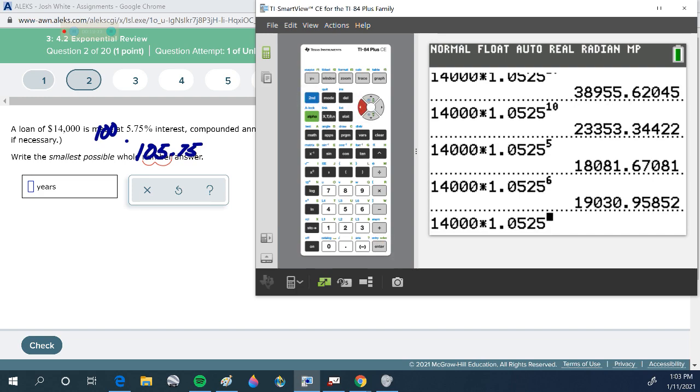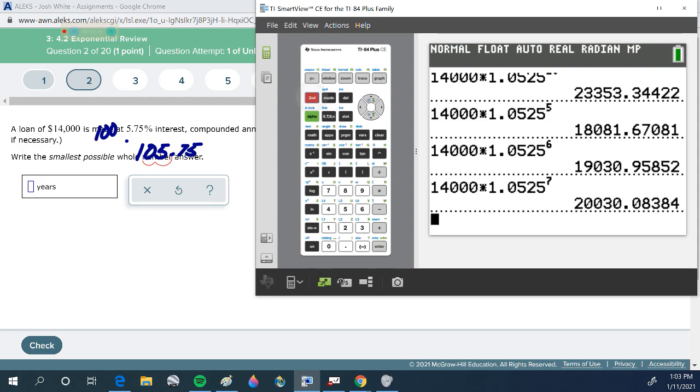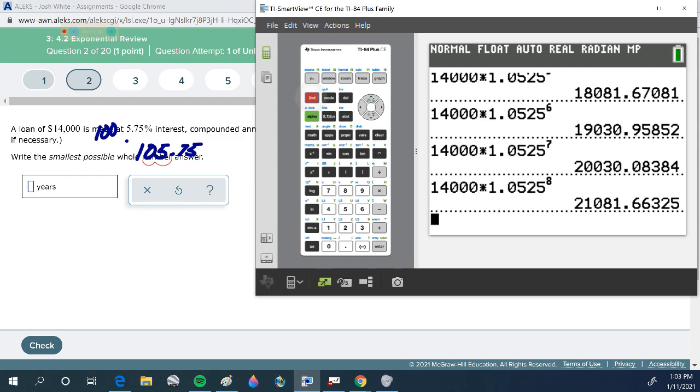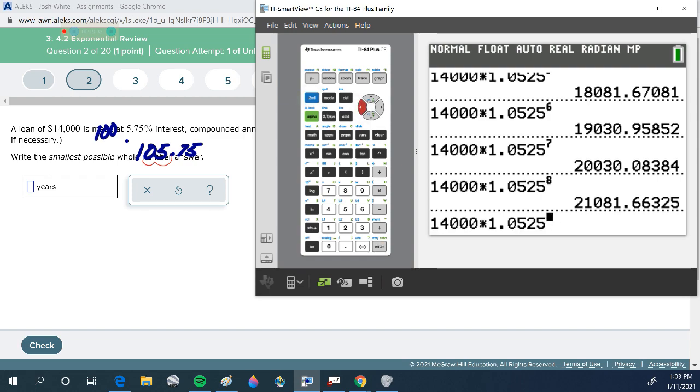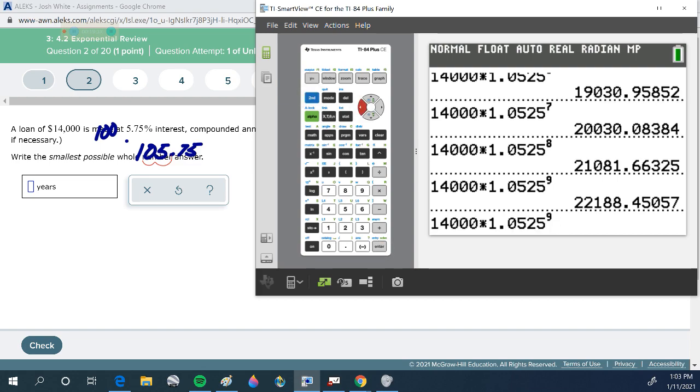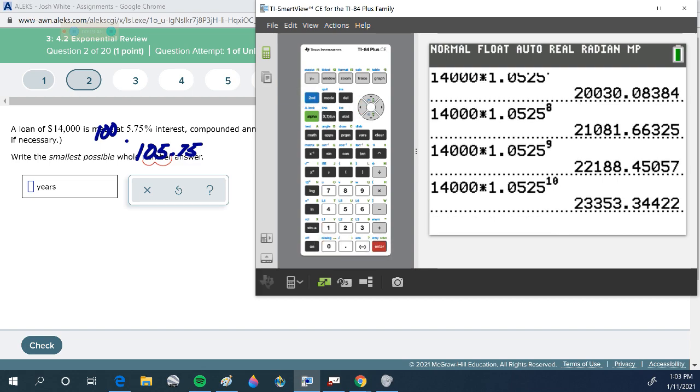So let's try 7. 7's not enough. Let's try 8. Still not enough. 9. Oh, so it is 10. So 10 is the smallest number that breaks the 23,000 mark. Does that make sense? And really, right now, the only way to figure that out is just guess and check. So just guess around until you find the smallest number that creates a number larger than 23,000.